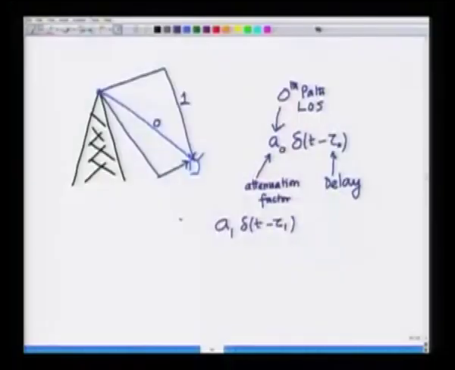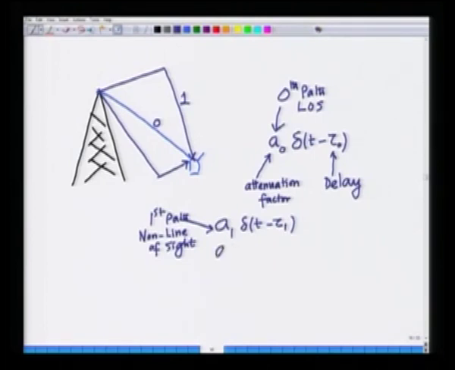A1 is the first path or the non line of sight path with attenuation A1 and delay tau 1, and similarly we can have a second path which has attenuation A2 and delay tau 2, so on and so forth.